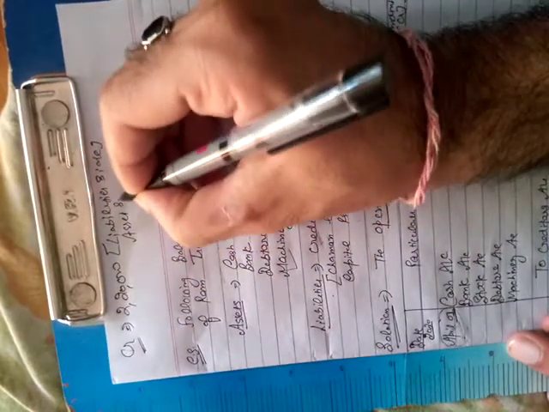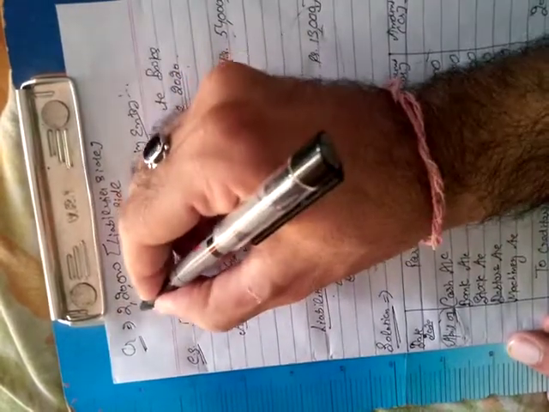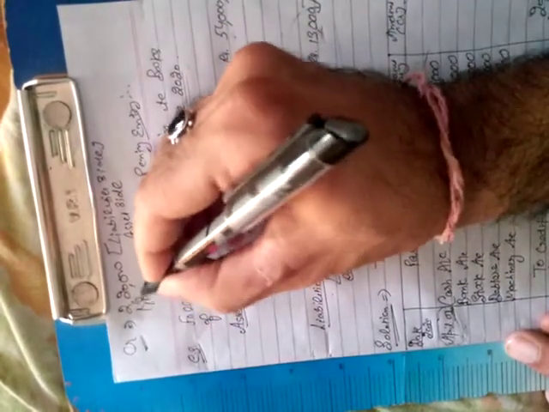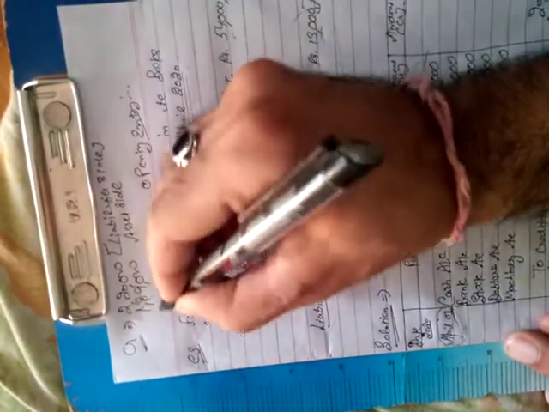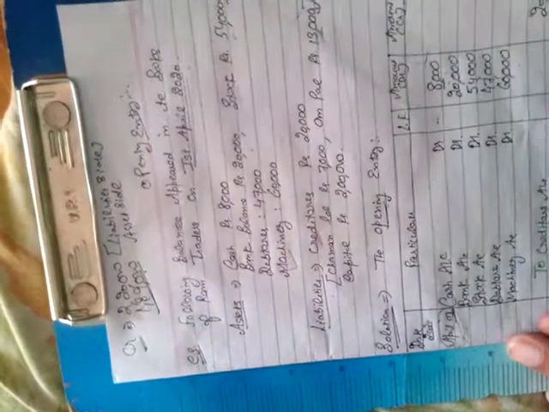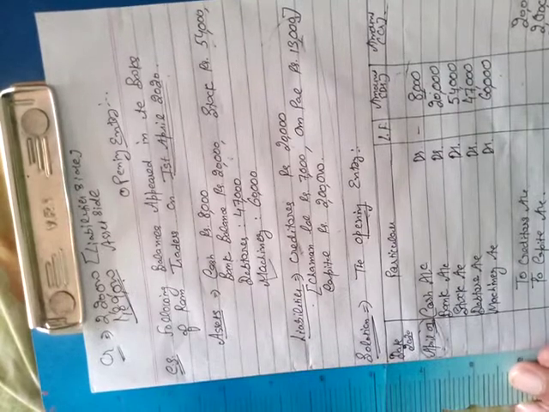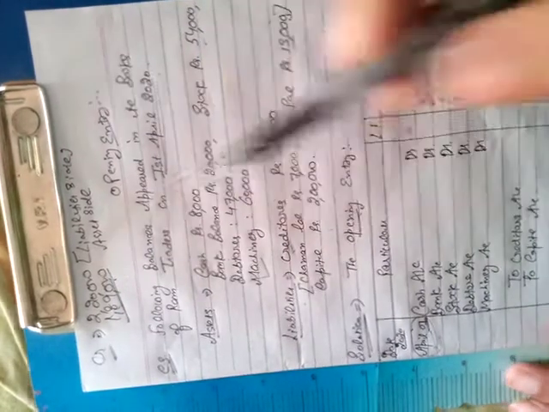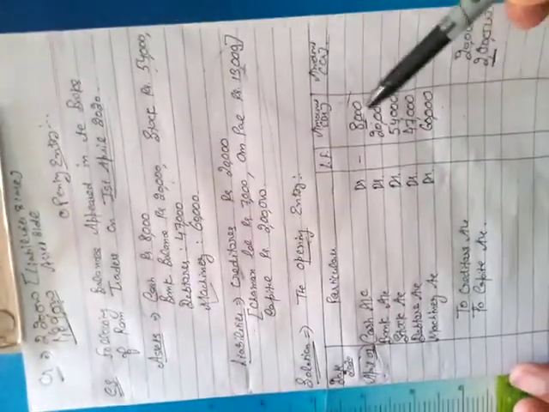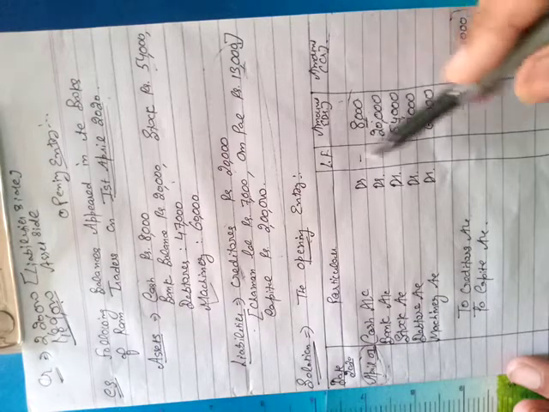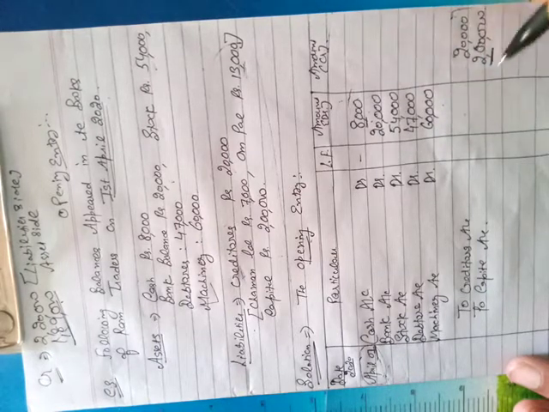The total of the asset side is 1 lakh 89,000. Okay. Now it means there is a difference in both sides, debit and credit side.